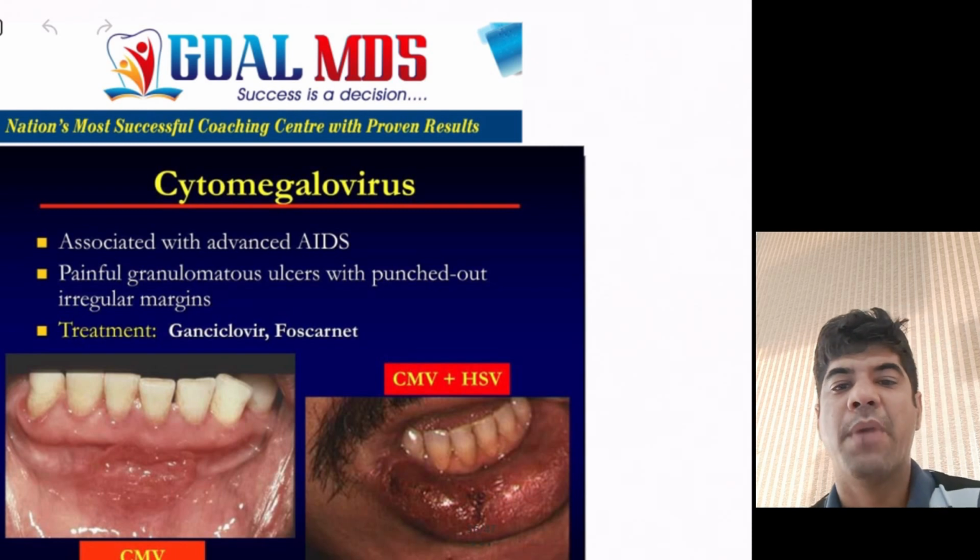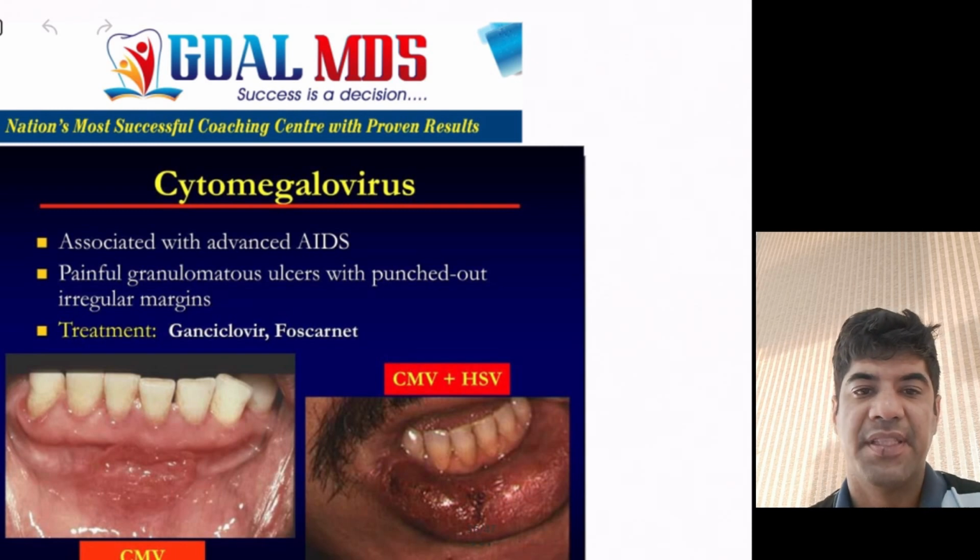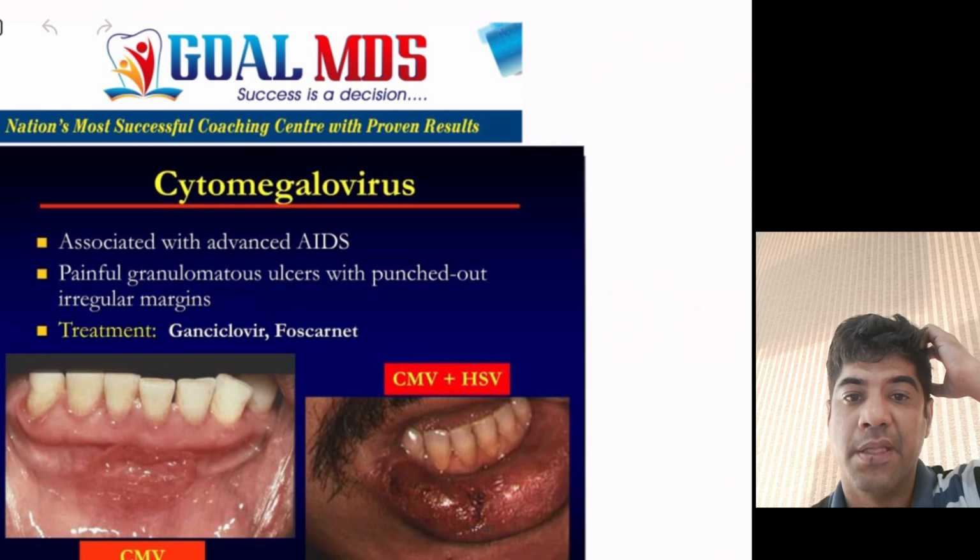In the immunocompromised patient, such as transplant recipients and patients with AIDS, there is a high risk of severe cytomegalovirus disease.